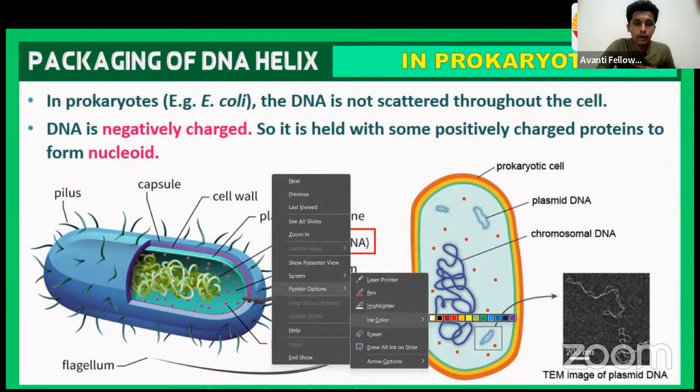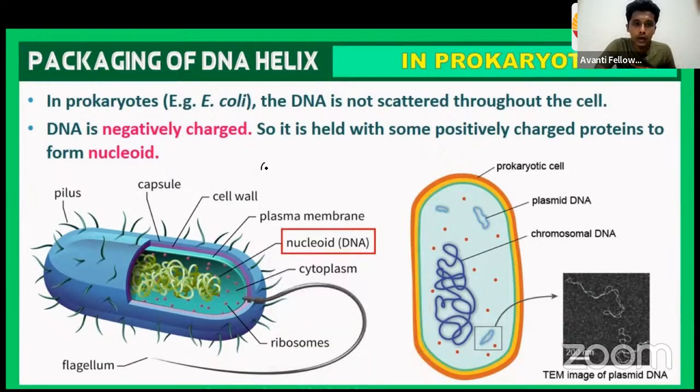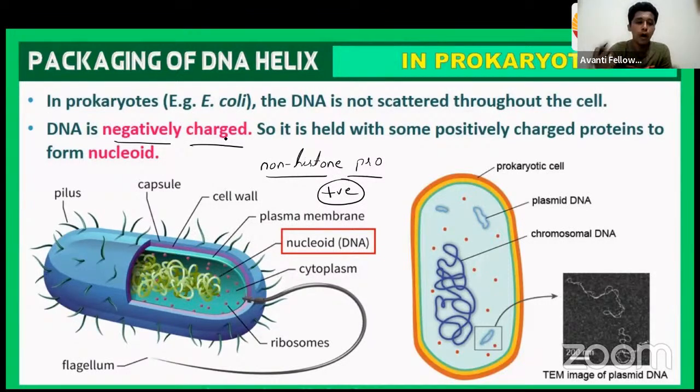So they contain non-histone proteins which are positively charged, while DNA is negatively charged. Now what happens? They are randomly coiled. It's not uniform coiling.